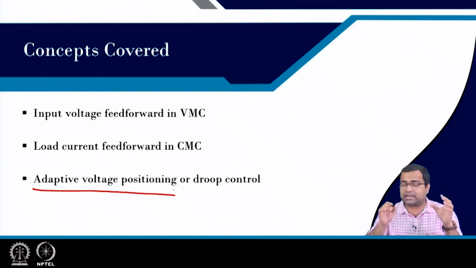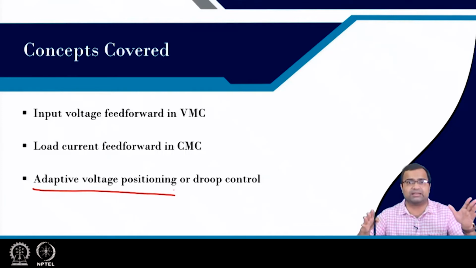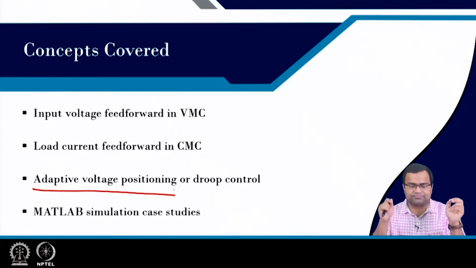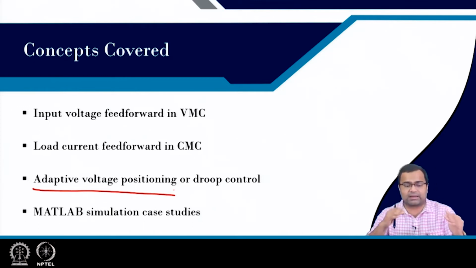Okay, because this can be used to almost achieve purely resistive output impedance. So, that means it can respond to the transient almost immediately, and we will see this in today's lecture using MATLAB simulation. So, all this input voltage, load current feed forward as well as adaptive voltage positioning or droop control, we also want to show as a MATLAB simulation case study demonstration.